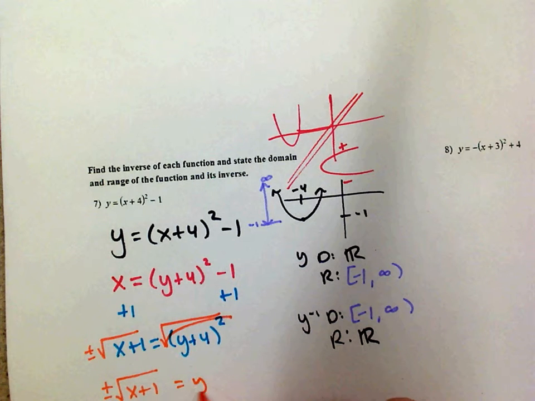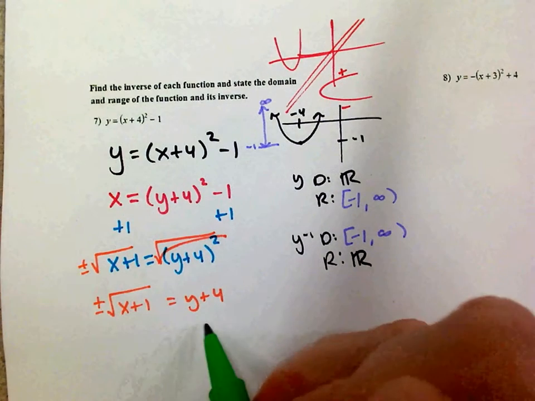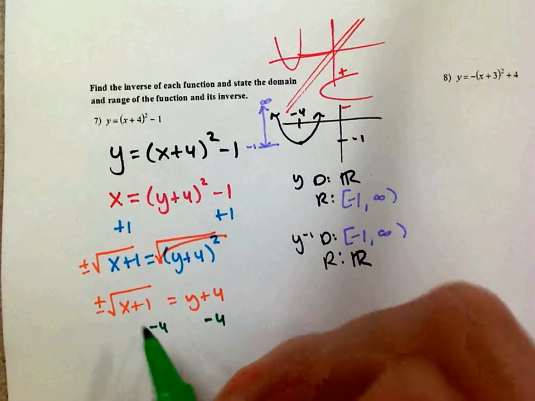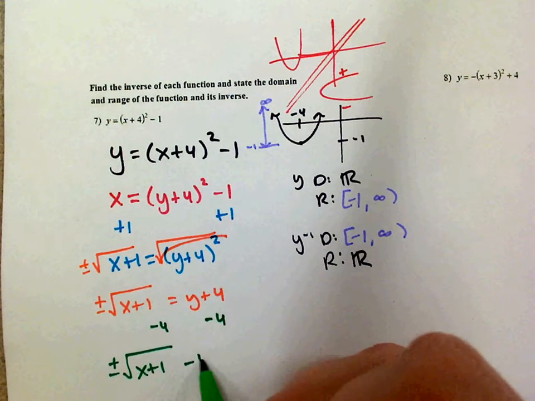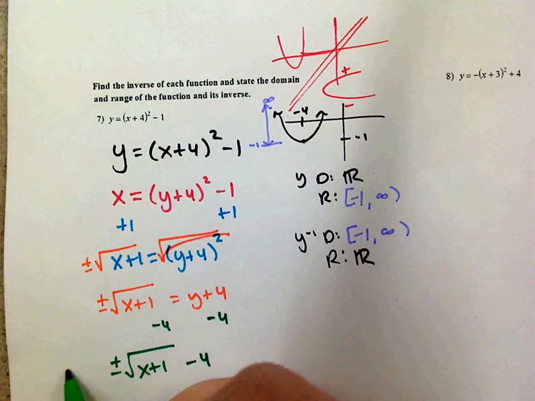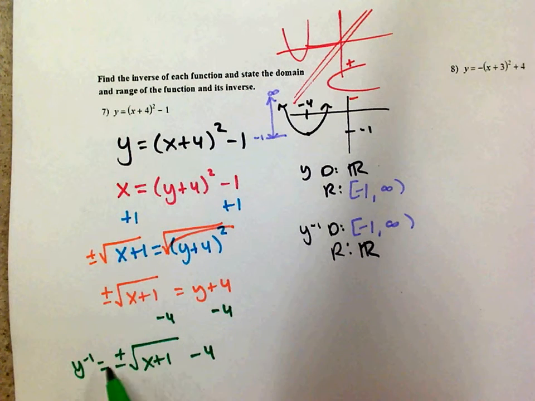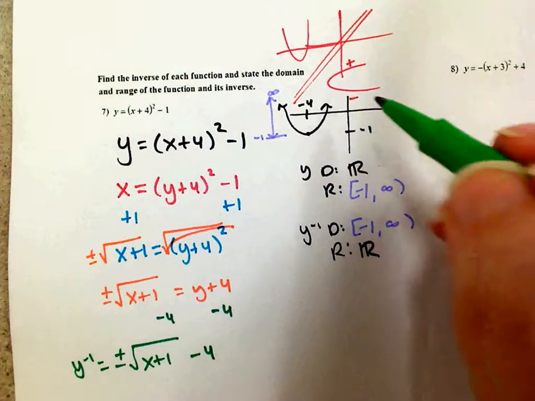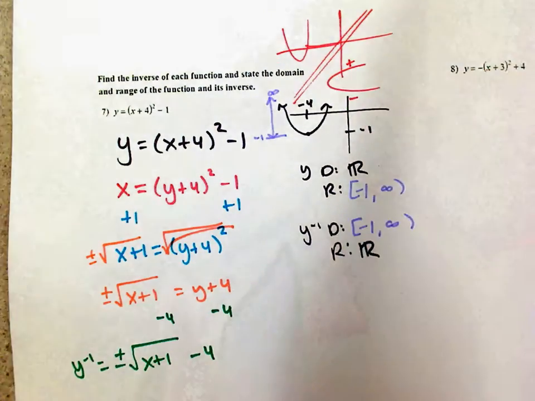I need to solve for y, so I'm going to subtract 4. I can't combine that with anything inside a square root. So y inverse equals plus or minus square root of x plus 1, minus 4. Okay? So I've got my plus and my minus radicals, that give me the reflection of a full parabola. And that is my answer, with these being my domains and ranges.